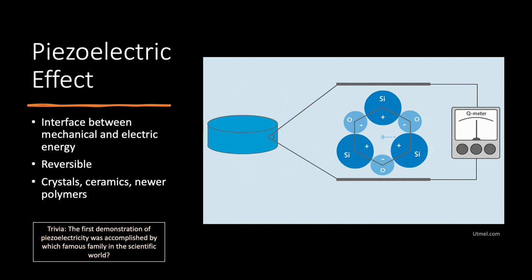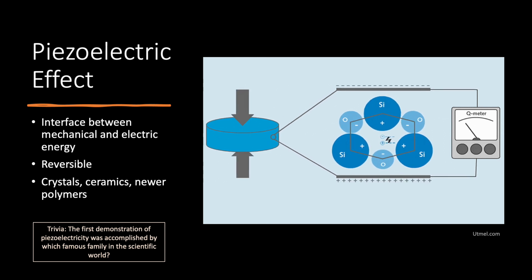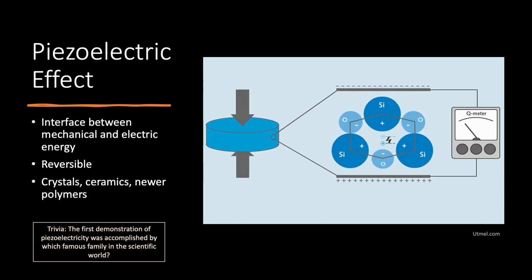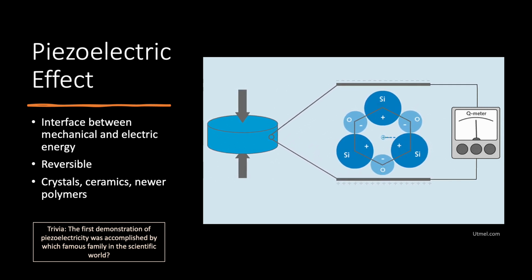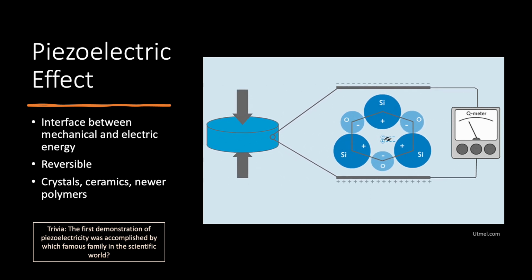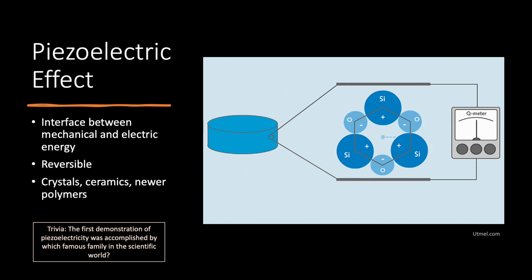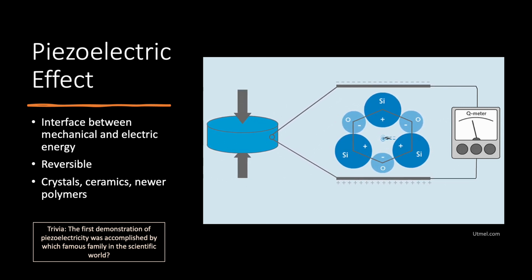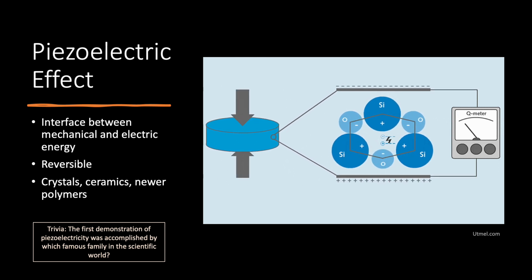So you can see here with this quartz crystal, we have silicon and oxide that are both arranged in this tightly isoelectric format, I guess is how you put it. It's neutral, all the charges are balanced, but then the second that you apply a mechanical stressor, all of a sudden you get this dipole generation where some of those charges are a little bit out of whack.